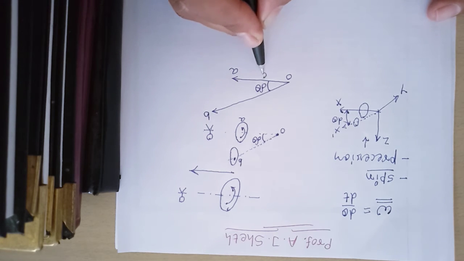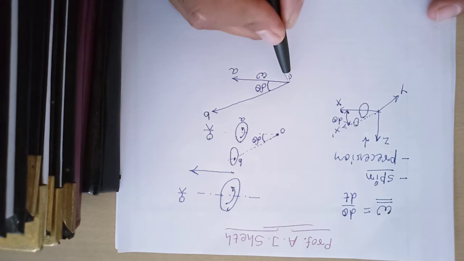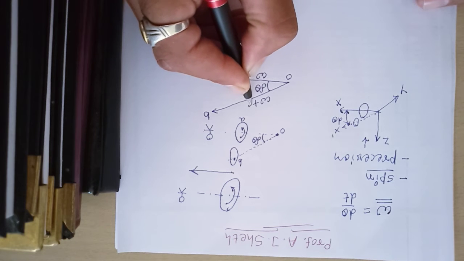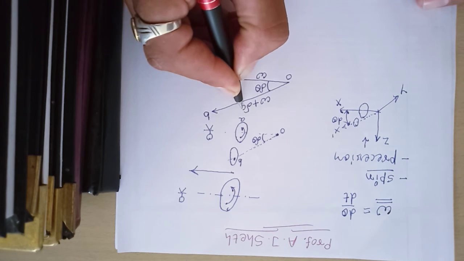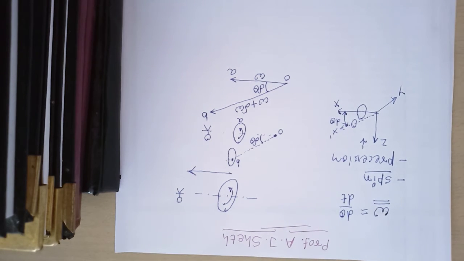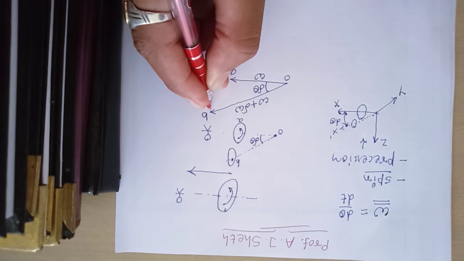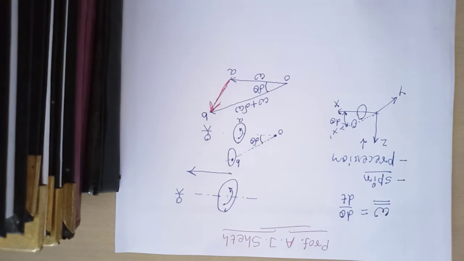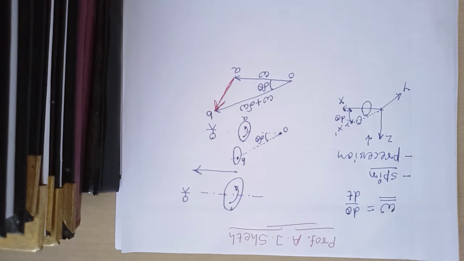This is angular velocity omega, and now the new one is omega plus a very small change in the angular velocity, del omega. So the angular acceleration is nothing but vector AB. It has two components.